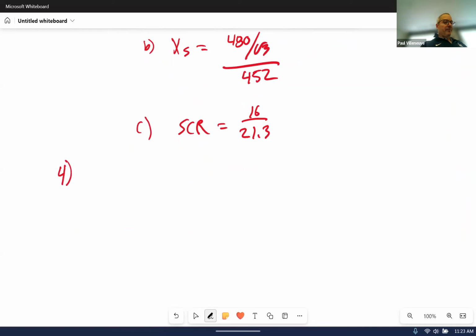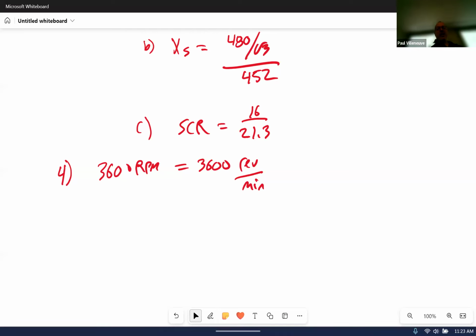Number 4. So motor rotational speed is 3,600 RPM, which is another way to say 3,600 revolutions per minute. Go ahead and calculate what that is in radians per second. 1 minute is 60 seconds.